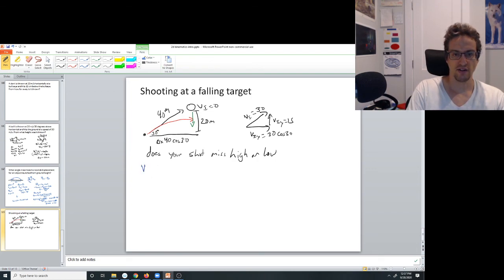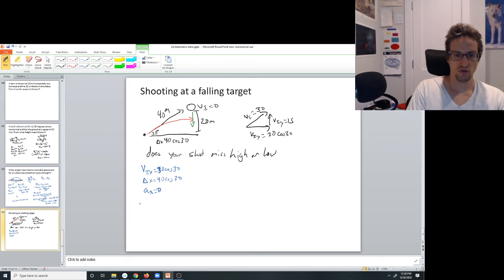Okay, so we have the initial x is 30 cosine 30, and there's a reason I'm not simplifying that. Change in x is 40 cosine 30, and acceleration of x is 0, which means I can find time from this.